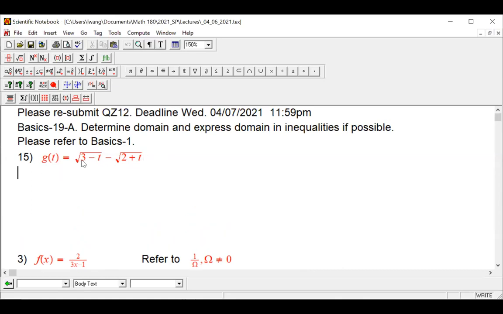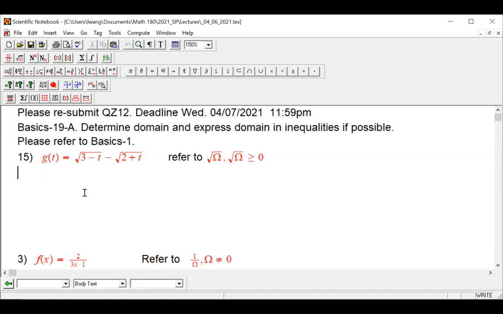So on the setup, of course, we make the connection. We refer to this basic function, and the domain is omega must be greater than or equal to 0, right? So we have that referral. You don't have to tell your teacher you have that reference, but in your mind you must have it.